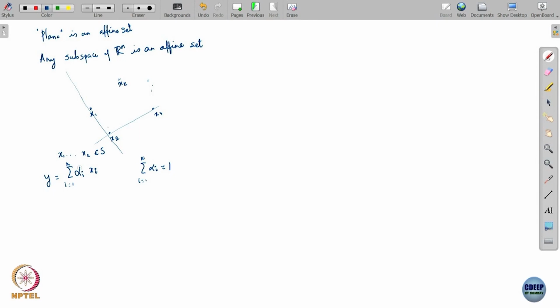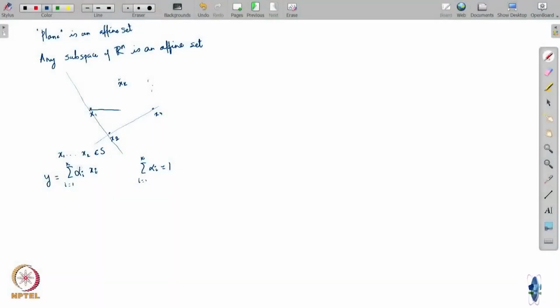What if I took alpha 1, alpha 2 and alpha 3 as non-zero? If you think about it for a moment, this captures any point that lies in the same plane as x1, x2 and x3. The entire plane defined by x1, x2, x3 is being captured.